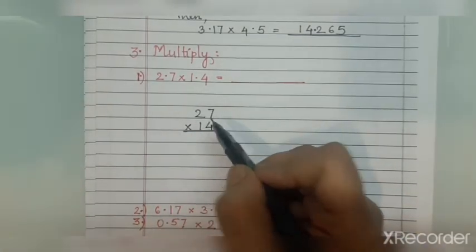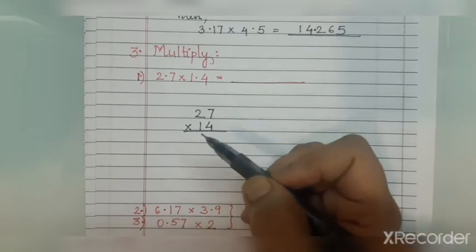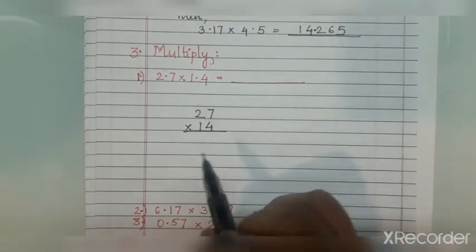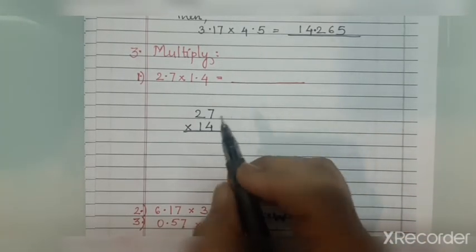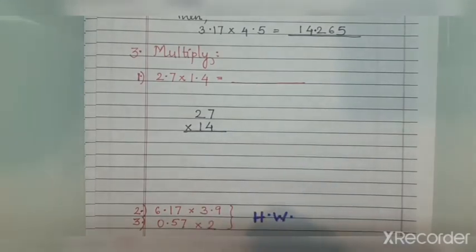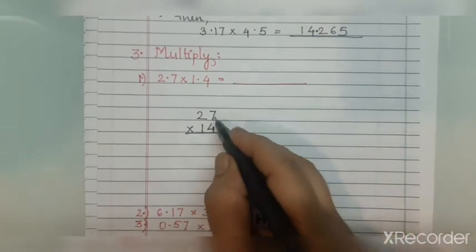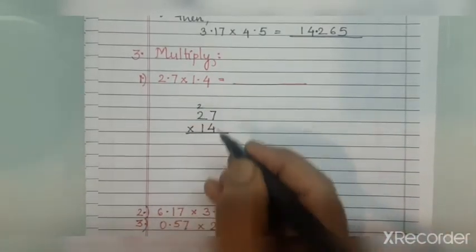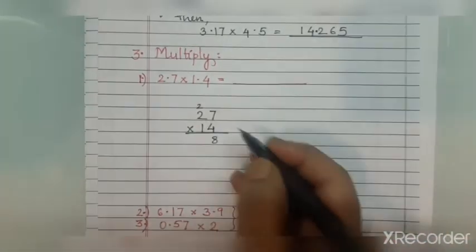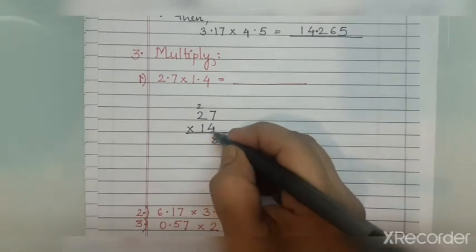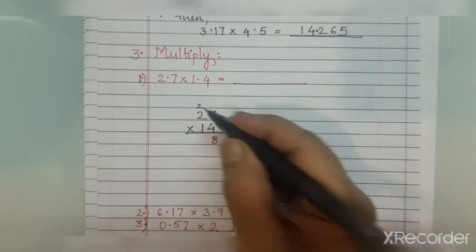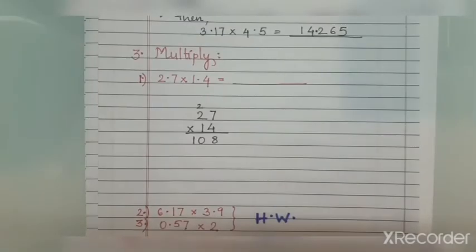So what we are doing is we are excluding the decimal and we are writing the same digits, okay, without considering the decimal. So this is a simple multiplication. 7 fours are 28, so 2 and 8. Then 2 fours are 8 and plus 2, 10.